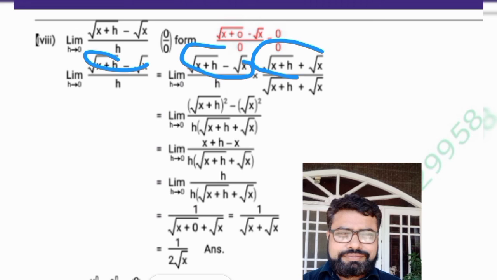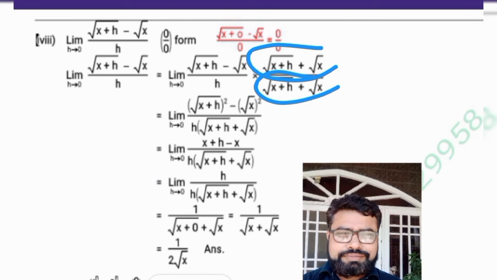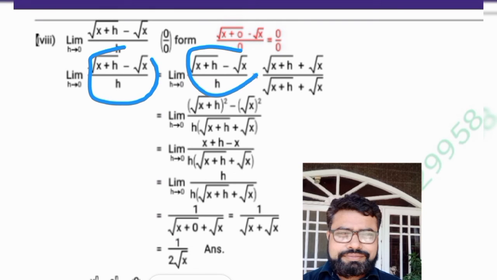There is a sign of minus, so we will write a sign of addition between the two terms, and there is square root x plus h, we will write x plus h with square root, and there is square root x, we will write square root x. Rationalize means we have to multiply and divide with that term. Square root x plus h minus square root x divided by h will be written same, and we multiply and divide with square root x plus h plus square root x, that is rationalization.